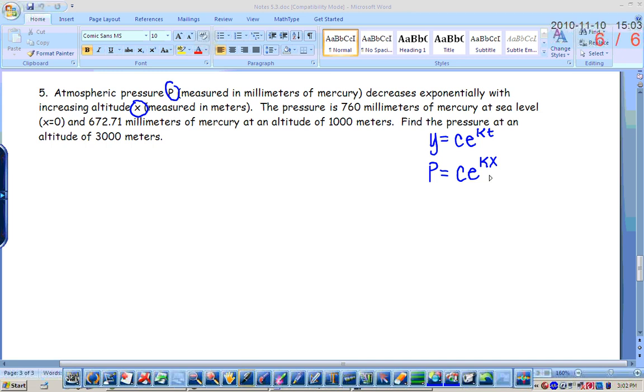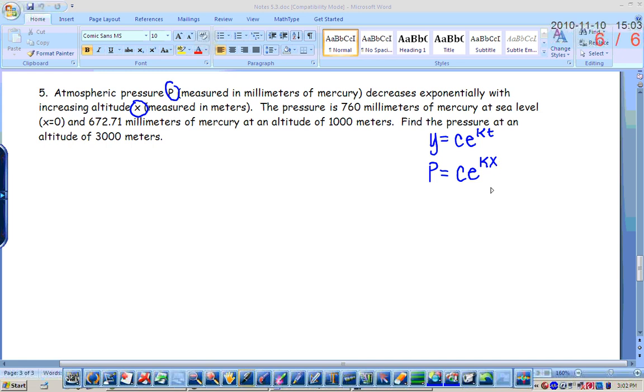Okay, so the pressure is 760 millimeters of mercury at sea level when x is 0, and 672.71 millimeters of mercury at an altitude of 1,000 meters. Find the pressure at an altitude of 3,000 meters. Well, that's asking us to find the final pressure, but we don't know what k is.